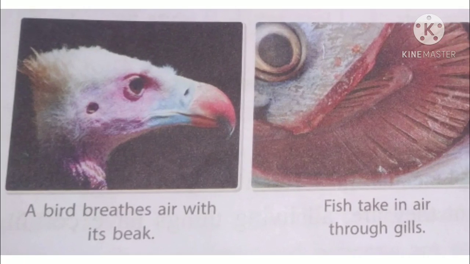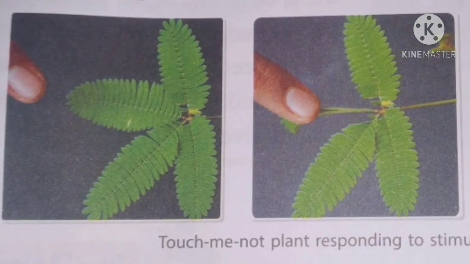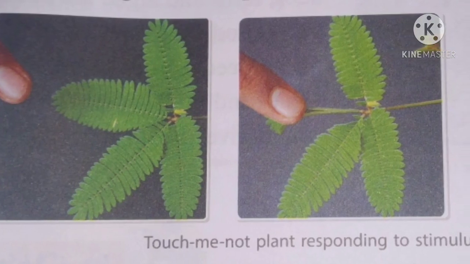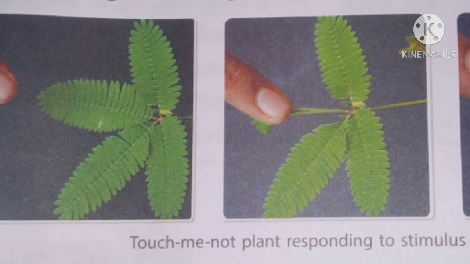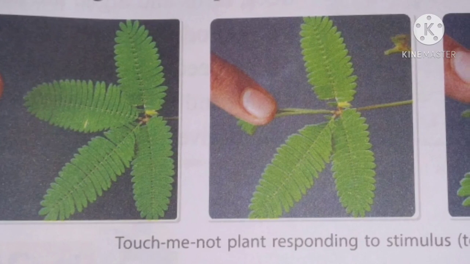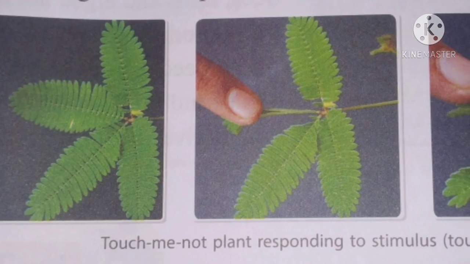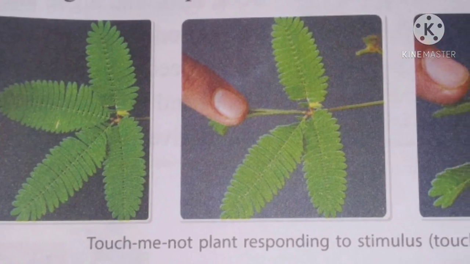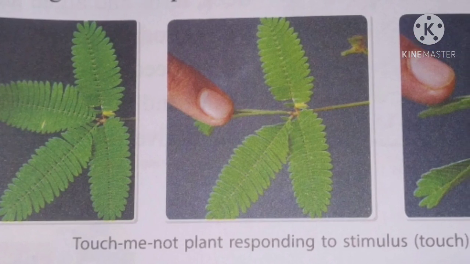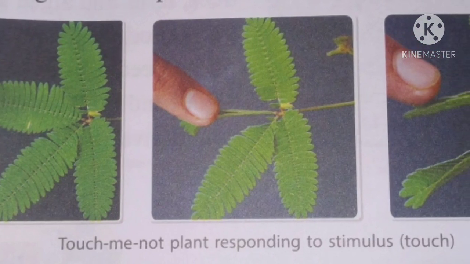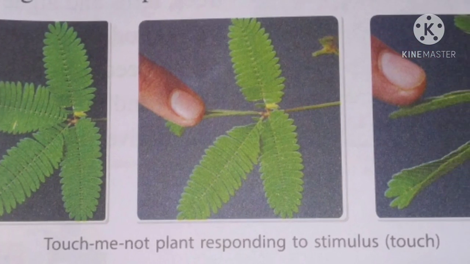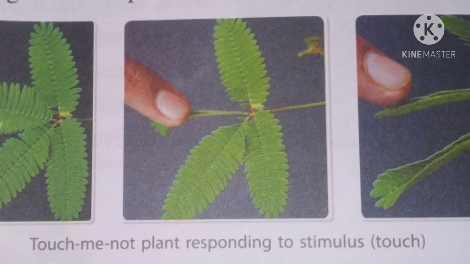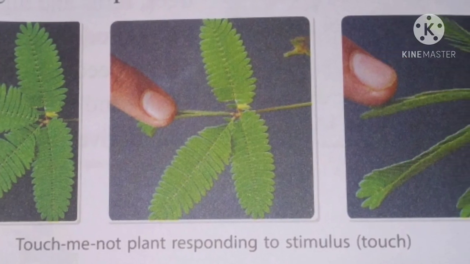Next, response to stimulus. All living things respond to stimulus. Anything that causes a reaction in a living thing is called a stimulus. For example, sunlight is a stimulus that makes plants move towards it. Sugar attracts ants.